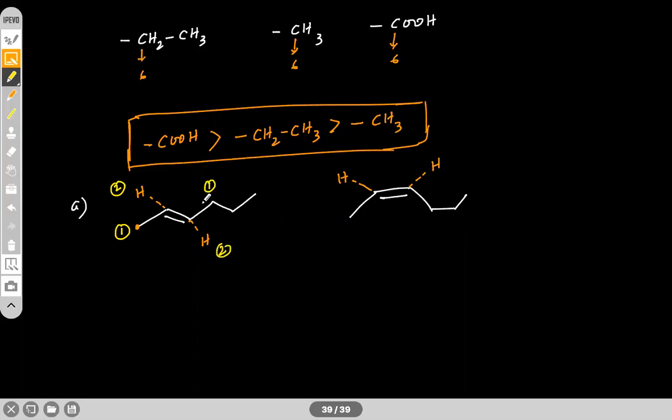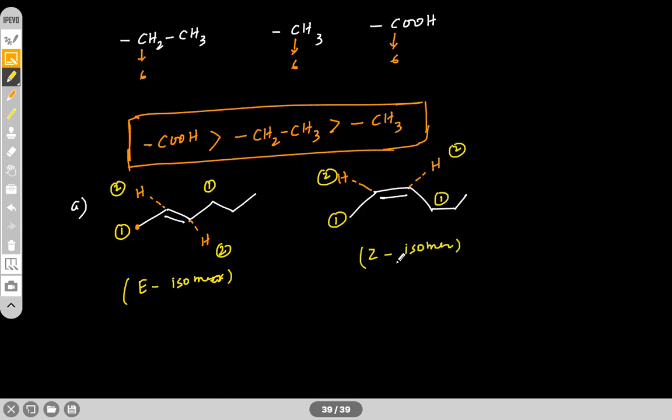So higher priority on the opposite side, correct? So it is E isomer. Here you see the higher priorities are on the same side, so it is Z isomer.